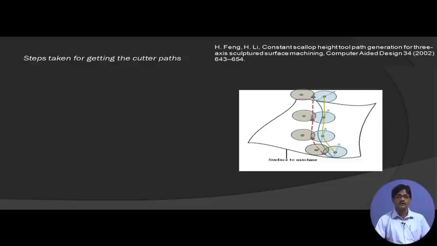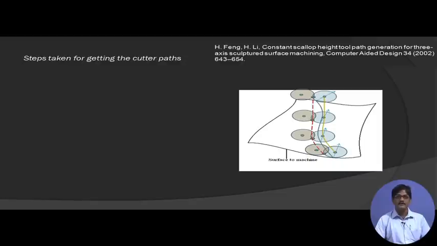The scallop tangent means those tangents which are tangential to the scallop curve. The scallop tangent has to be perpendicular to the radius vectors of the swept sections of the second cutter path.